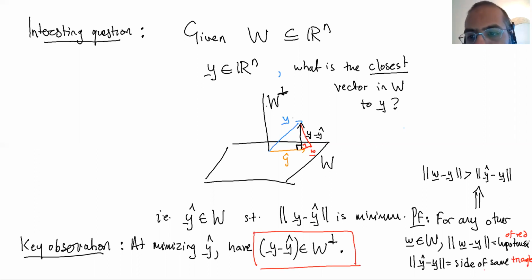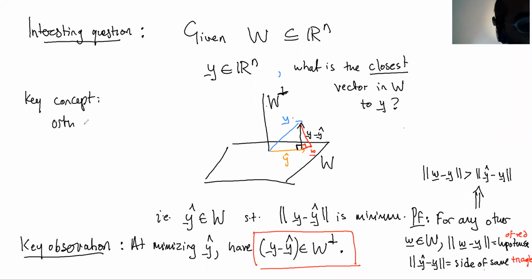Okay. So you can prove this algebraically using properties of the dot product, but the geometric proof is more intuitive. And the key concept is that orthogonality corresponds to optimality.